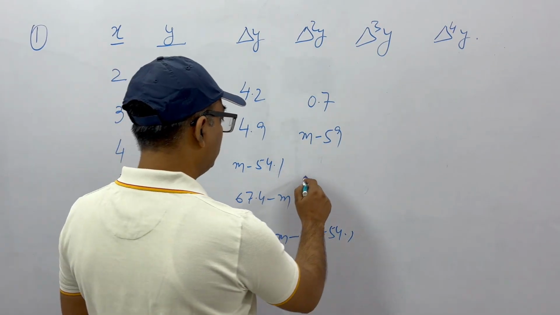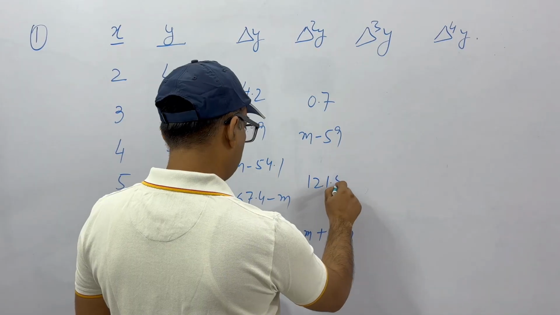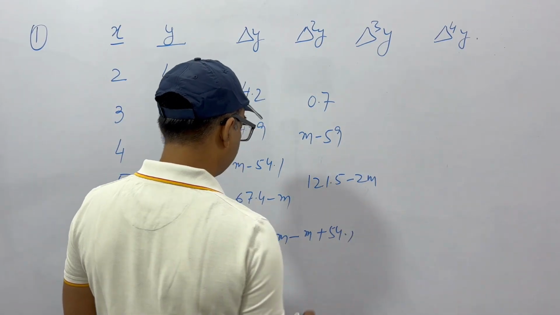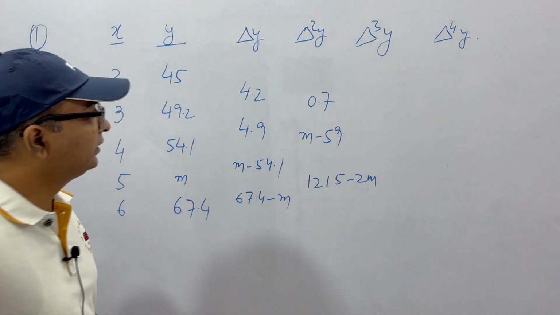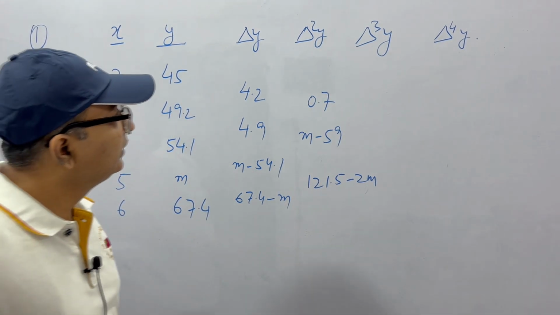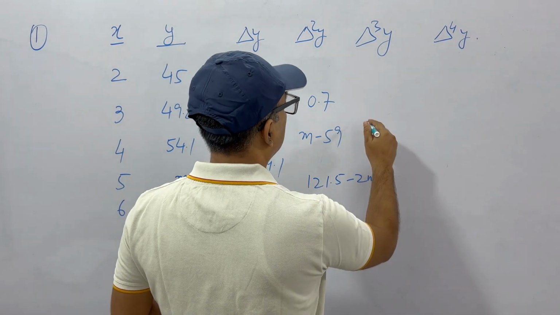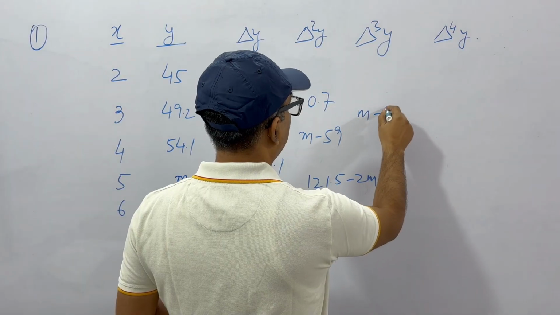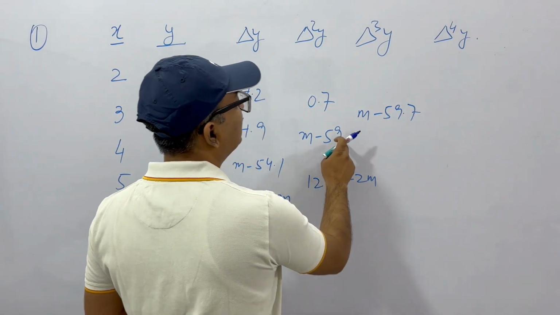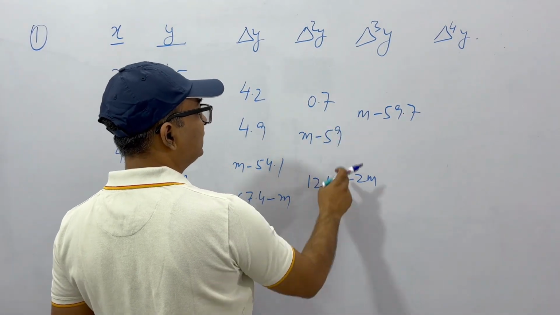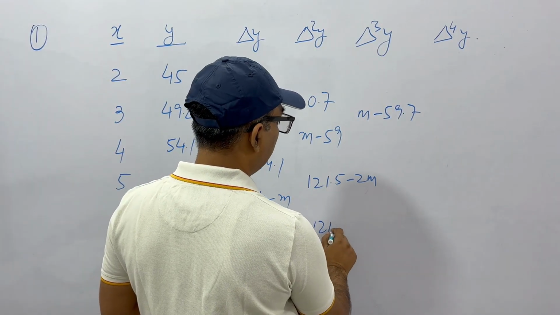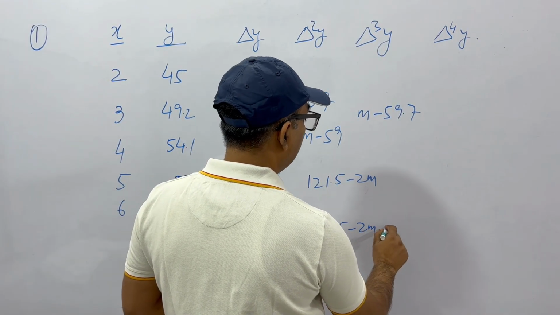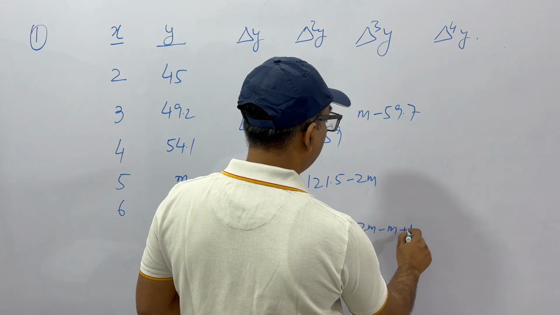This is 121.5 minus 2m. Now this is the second difference, this minus this, so this is m minus 59.7. These two will be added, minus, minus. Then we have this minus this, that is 121.5 minus 2m minus m plus 59.